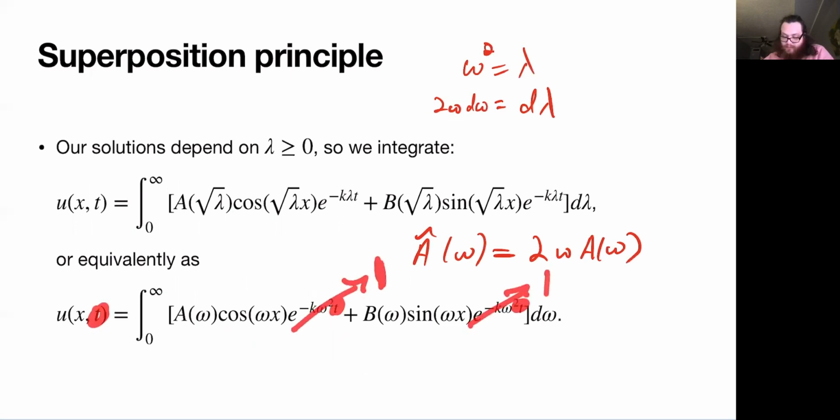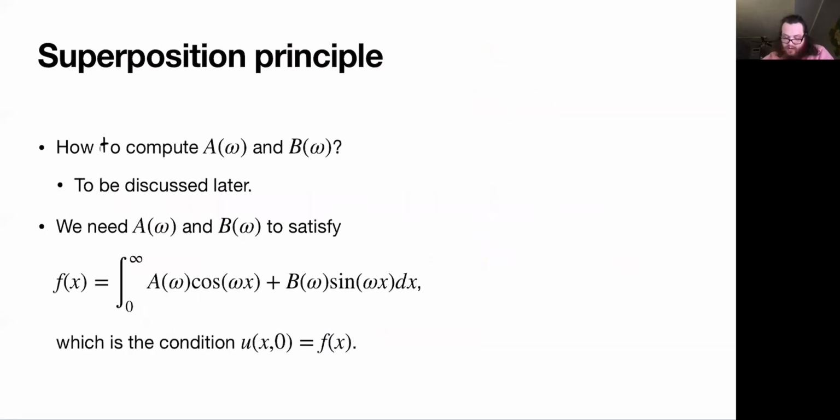This is going to be 1. So what we end up with is just the integral of a omega cosine of omega x plus b omega sine omega x, and that's equal to u of x comma 0, which is equal to f of x. So whatever these coefficients are, they need to satisfy this equality, where this should be a d omega.